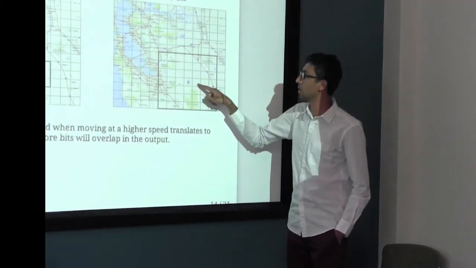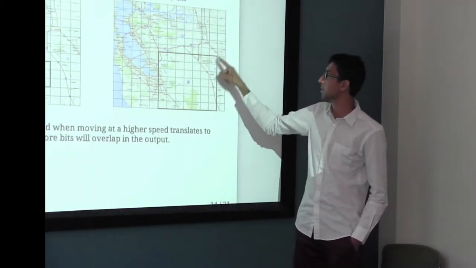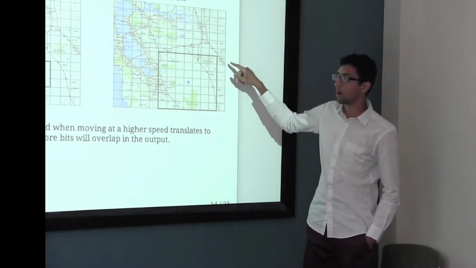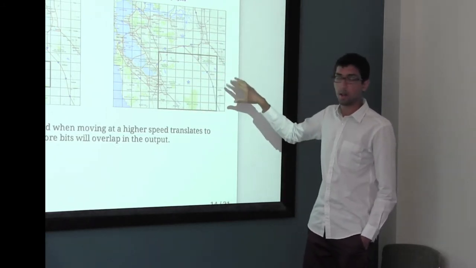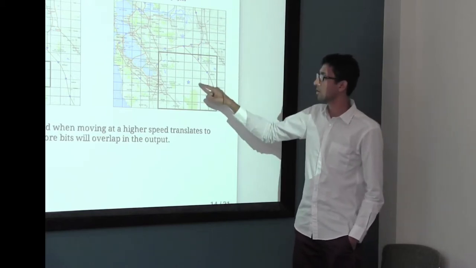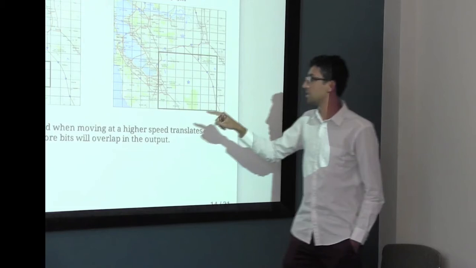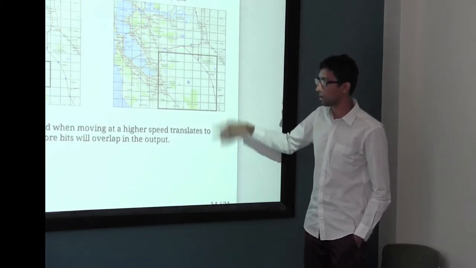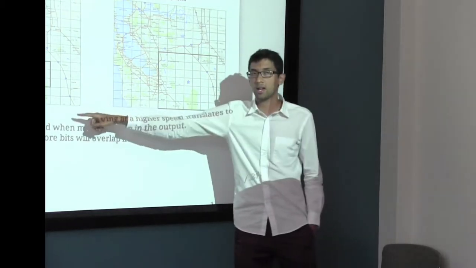Versus if you were to move over one square at high speed, the boxes would overlap by a lot more, right? The percentage of squares that overlap is higher when you're moving at high speeds, which means the same movement in the two cases is going to translate to more similar representations in this case than in that case.